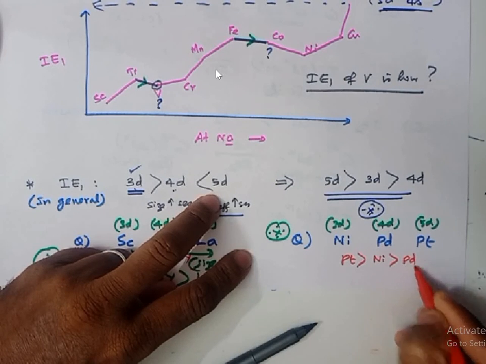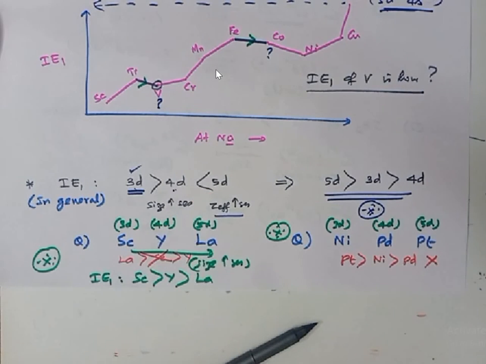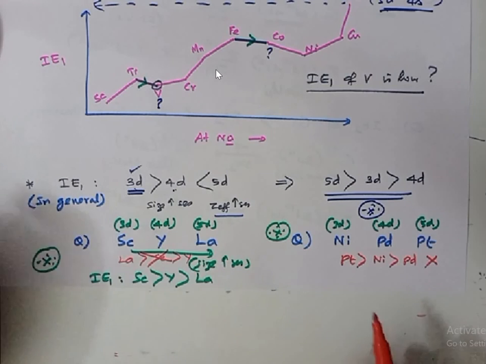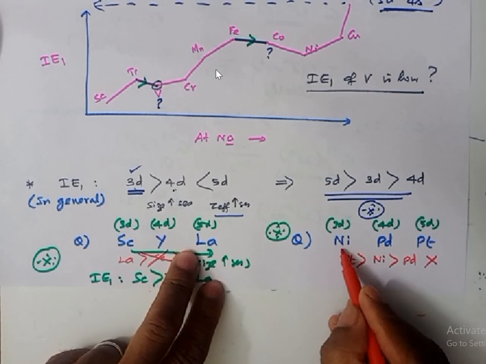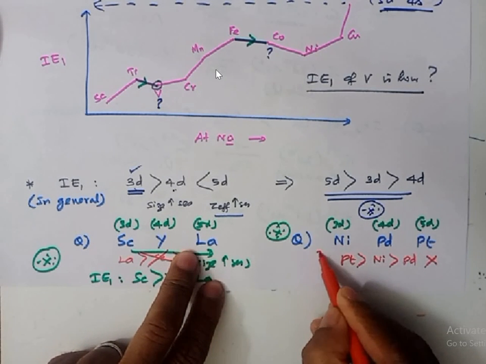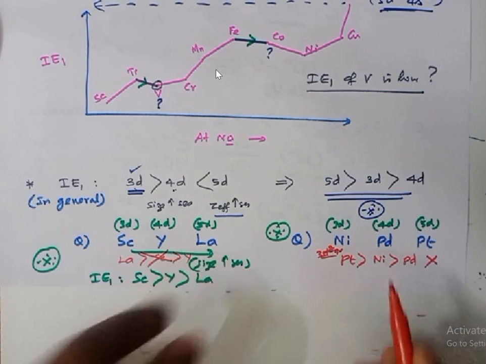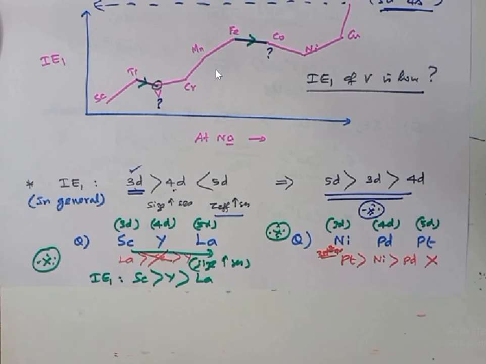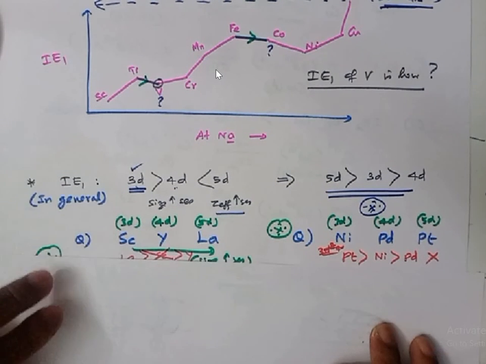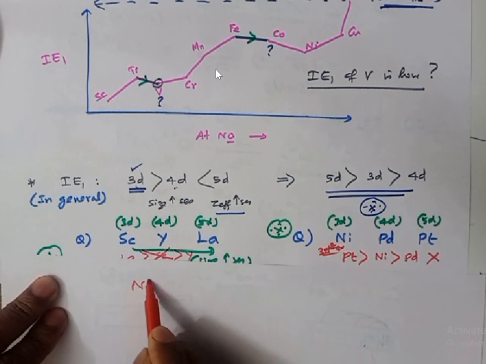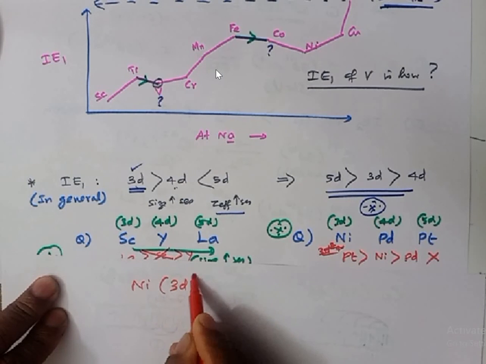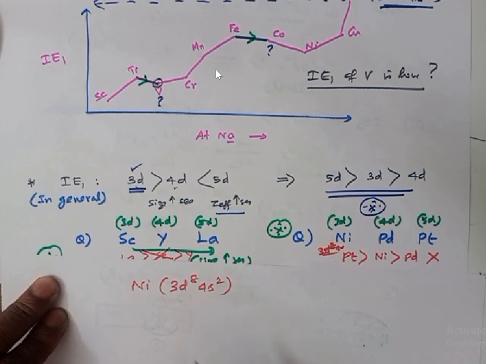This is the expected order, but this is not observed. Why? The reason is, listen student, the electronic configuration of nickel is 3d8 4s2. It's not that stable.